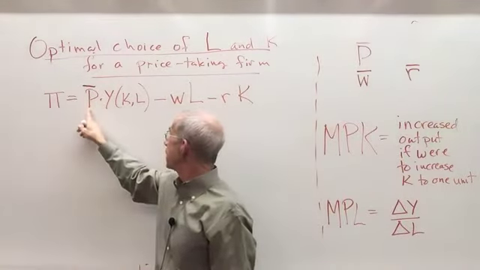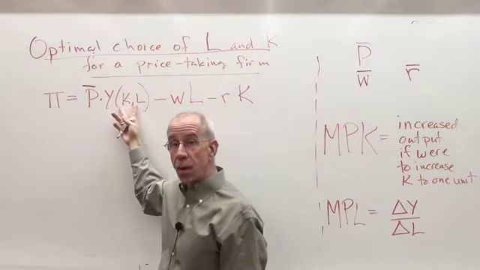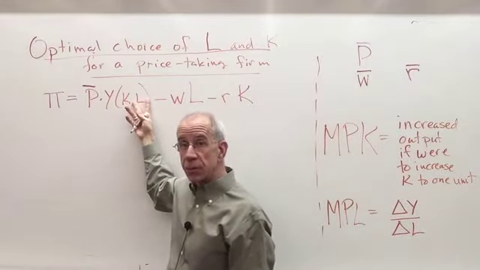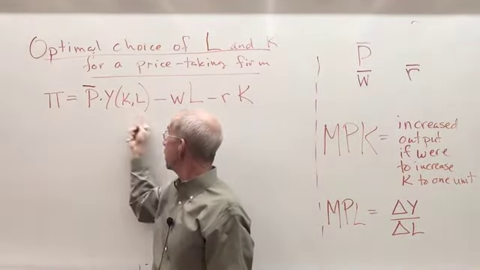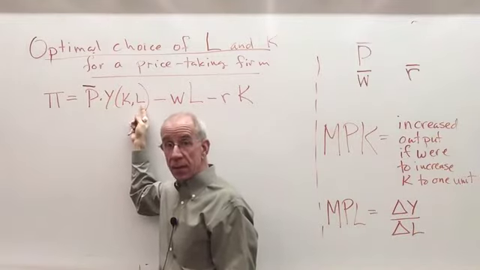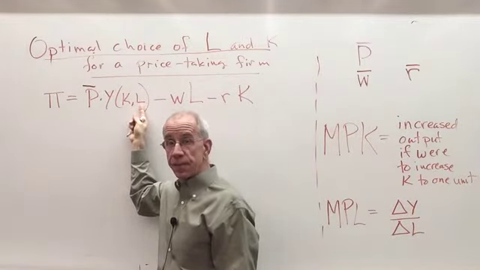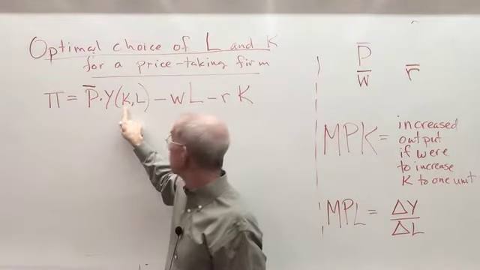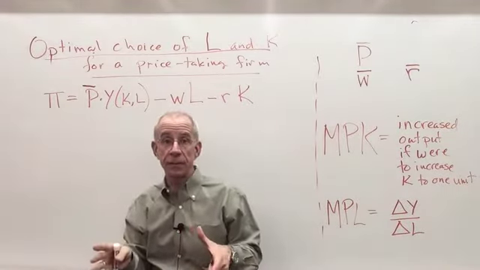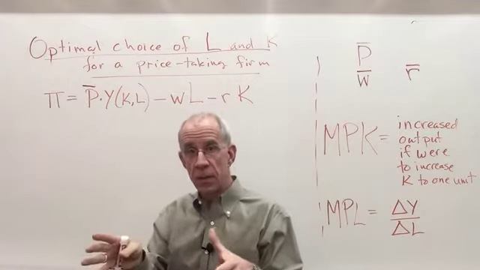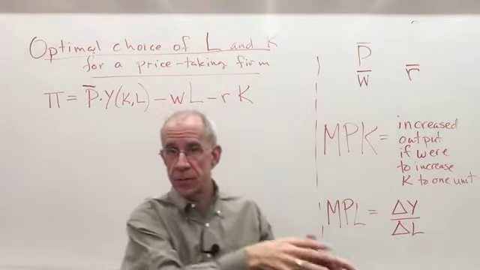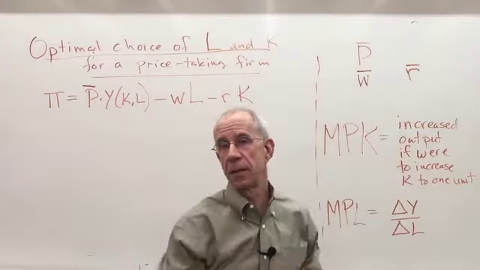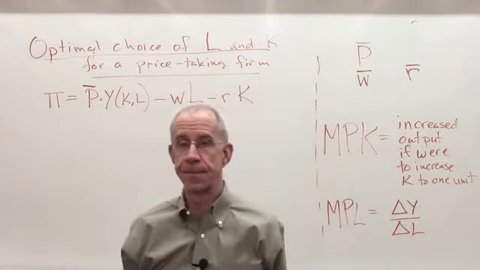But if they multiply the price times the quantity of Y that they produce, they're going to get total revenue. So price times quantity here is the revenue. But the output is going to depend on their choice of capital and of labor. So that part they can affect. They can choose capital and labor, implicitly chooses the level of output, and it'll influence how much revenue they get.